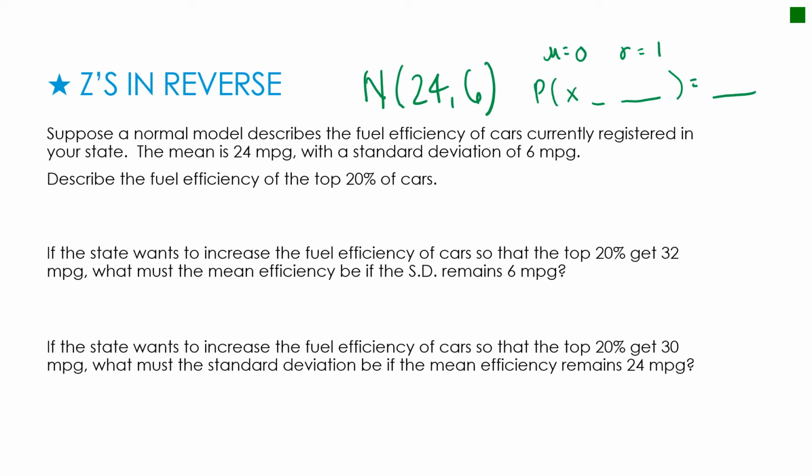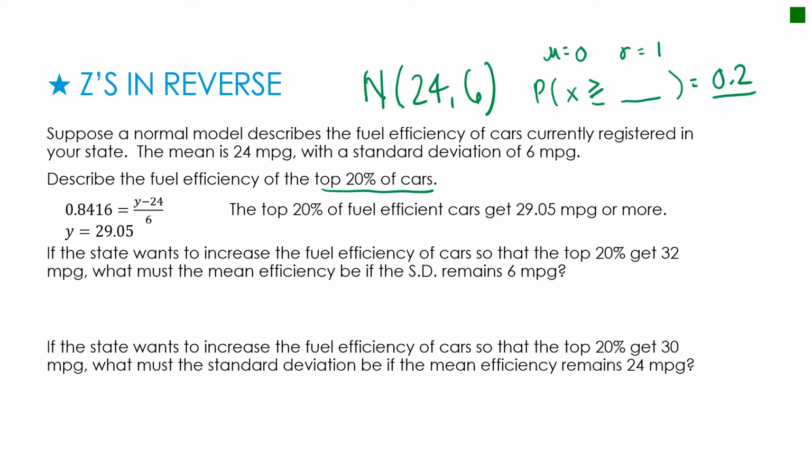For my first question, because I was looking at the top 20%, I said I want the area to the right to be 20%. And when I did that in StatCrunch, this value turned out to be 0.8416. So notice what I did is I took that value and then I came down here to my z-score formula and calculated my z-score. We already went through the steps for the math on that one, but hopefully you can do the math to get the 29.05, and here is what that value means. The other questions are similar.